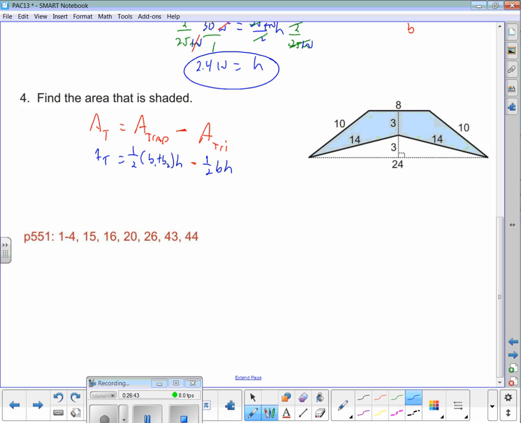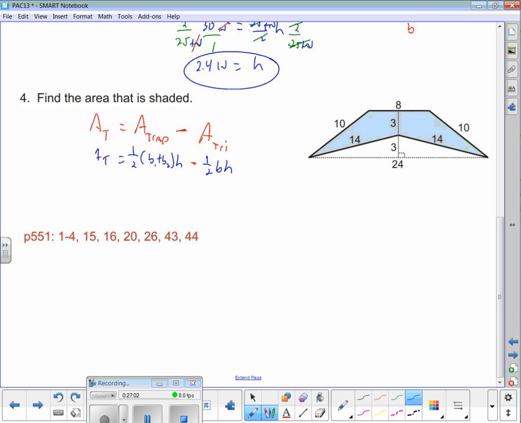Is the height of the trapezoid the same as the height of the triangle? No. Here's the height of the trapezoid from here to here. What's that value? From here to here. 3 and 3 is 6.